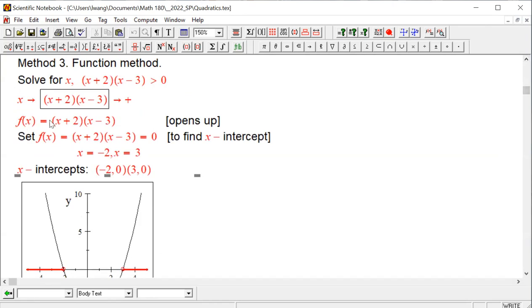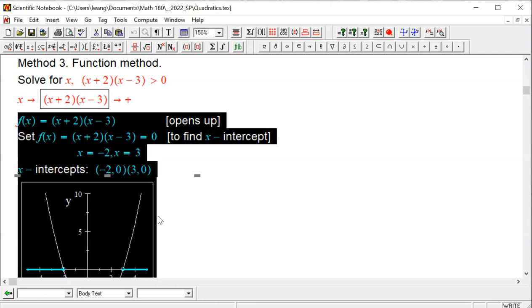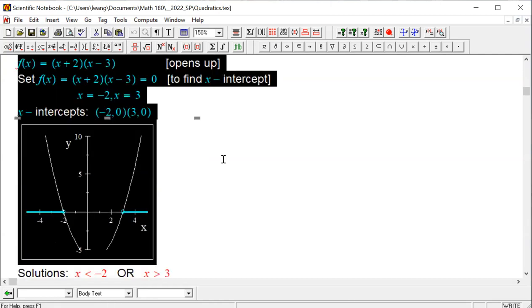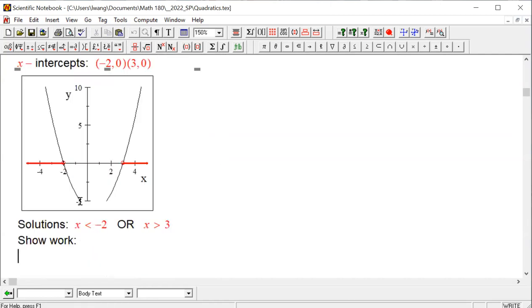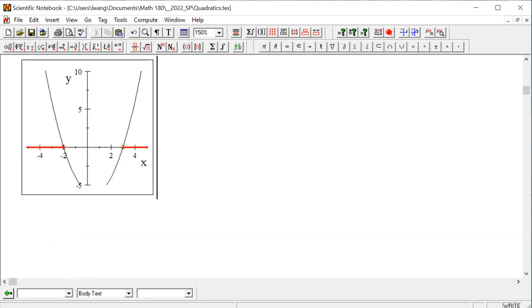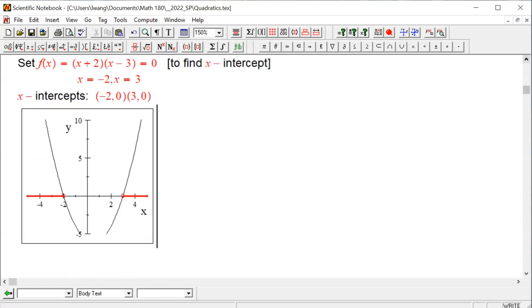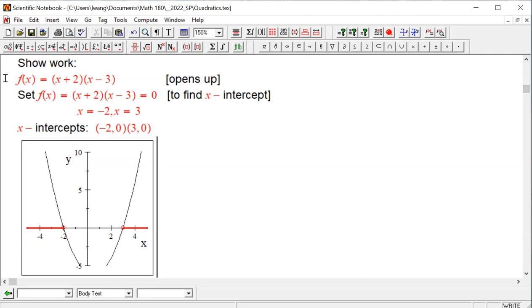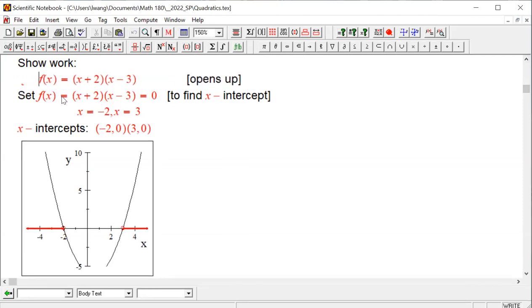To show work, I would write all of these. The sketching doesn't have to be perfect. We assume it's a function, so the reader knows you're thinking from the function perspective.